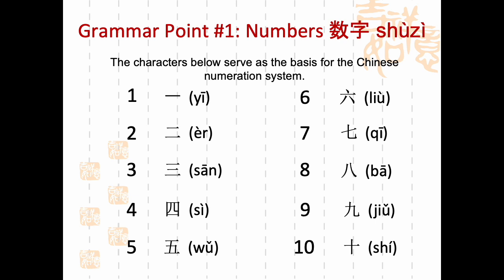What's great about Chinese is that all double-digit numbers from 1 to 99 are formed by using these characters on your screen. Once you know these 10 characters, you'll be able to count all the way from 1 to 99.